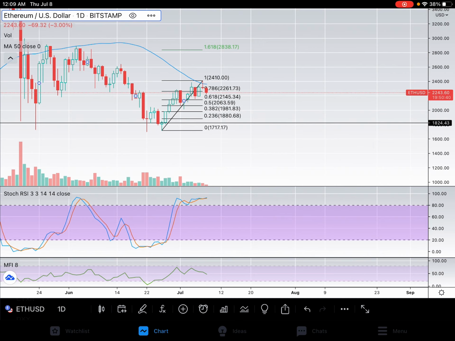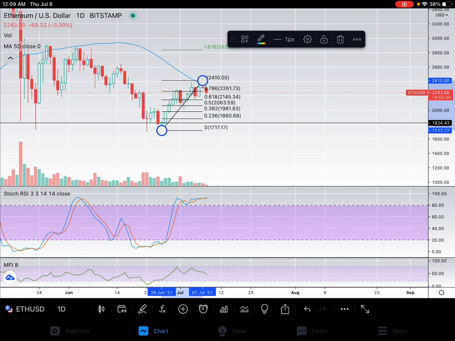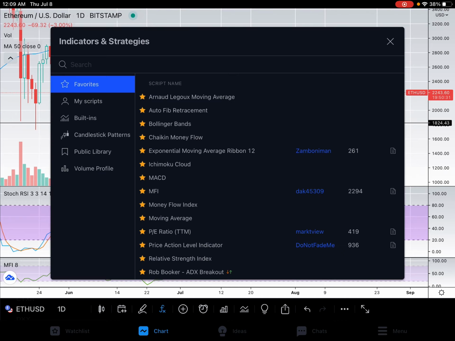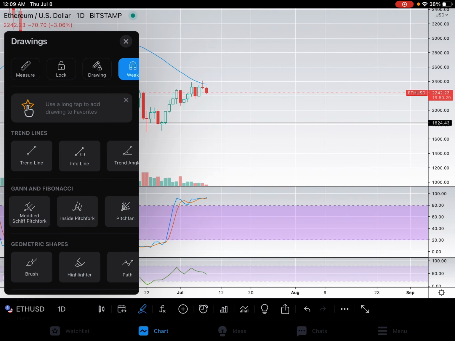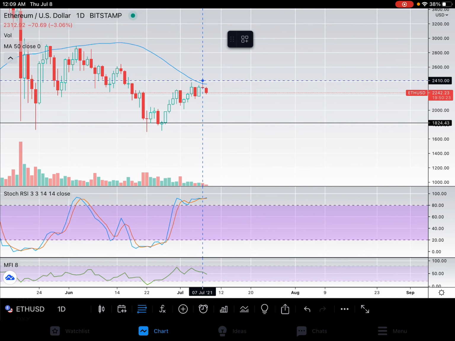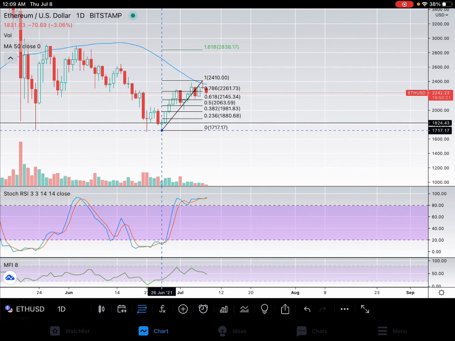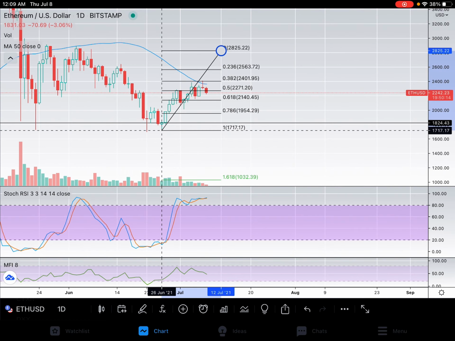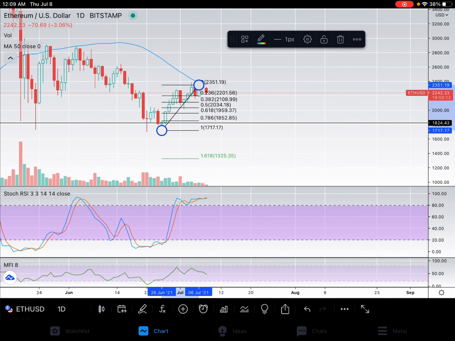It could retrace down to, actually I should have done the opposite way. Gosh. All right, let's just say this is a wave one. Actually, I did it wrong again. Dang it. There we go.